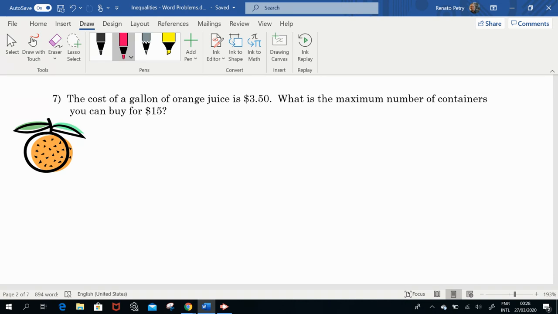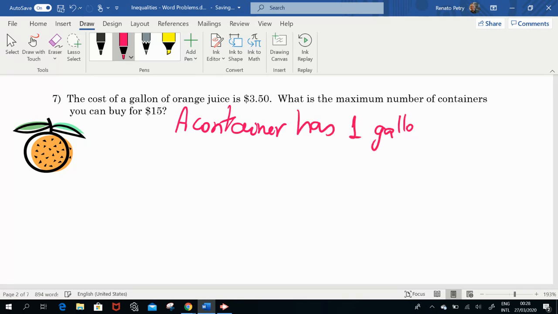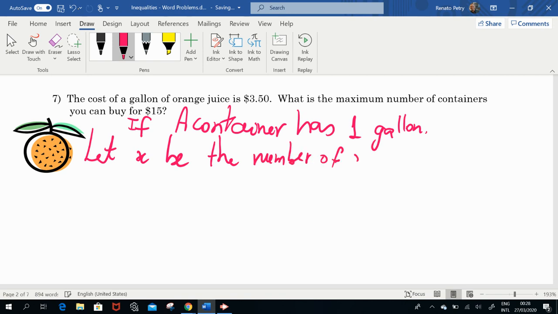Well, first I am assuming that a container has 1 gallon. So if a container has 1 gallon, let x be the number of gallons.